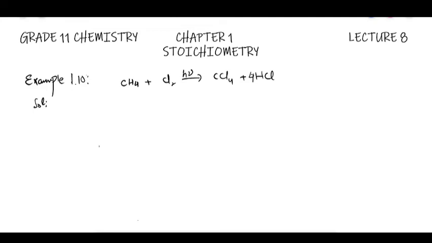So we have a total of 8 chlorines on the right hand side, and here we only have 2 chlorines, so you can multiply this with 4 as well, which means that one molecule of CH4 will react with 4 molecules of chlorine to produce 1 molecule of CCl4 and 4 molecules of HCl. Or in other words, you can say that 1 mole of methane reacts with 4 moles of chlorine to produce 1 mole of CCl4 and 4 moles of HCl.